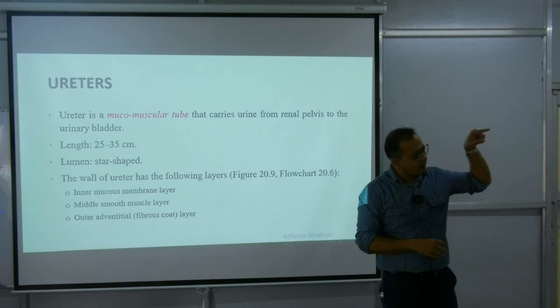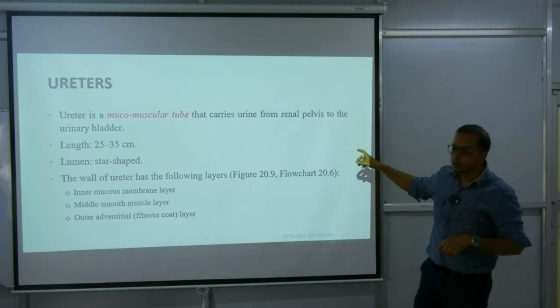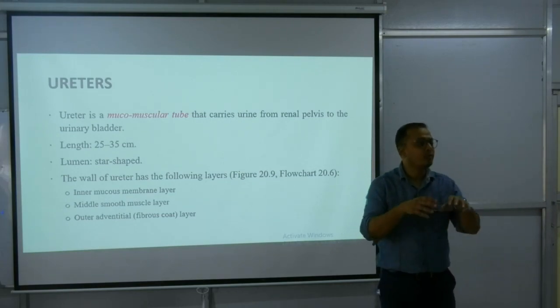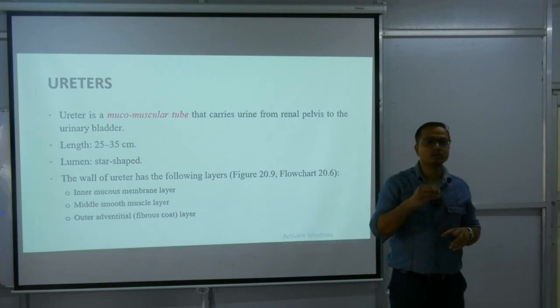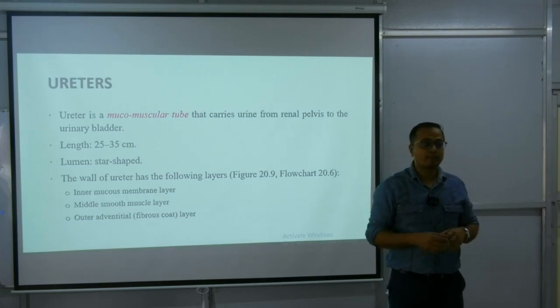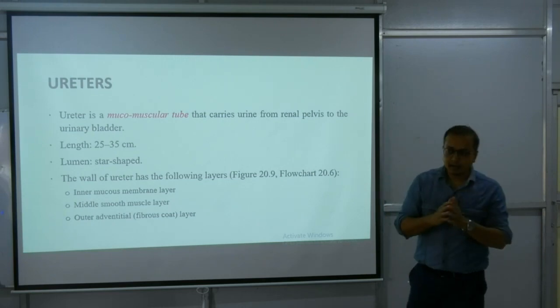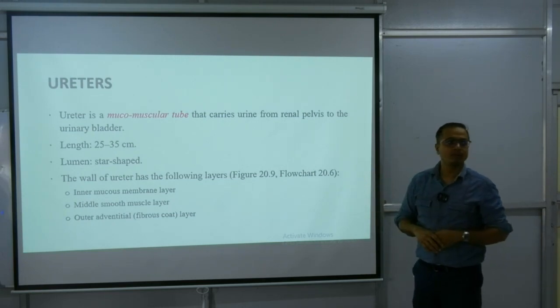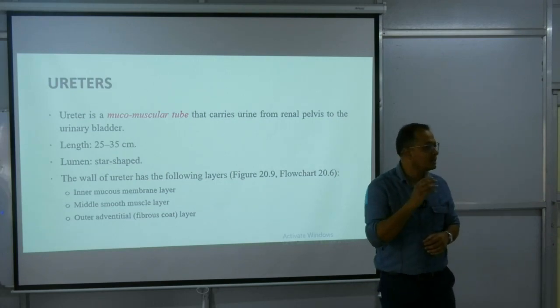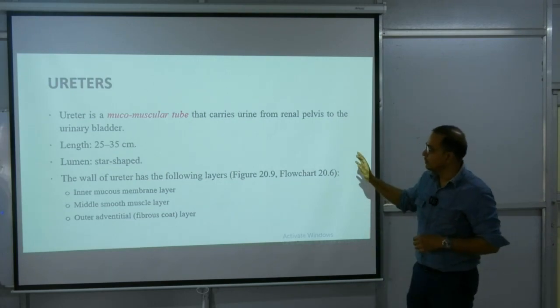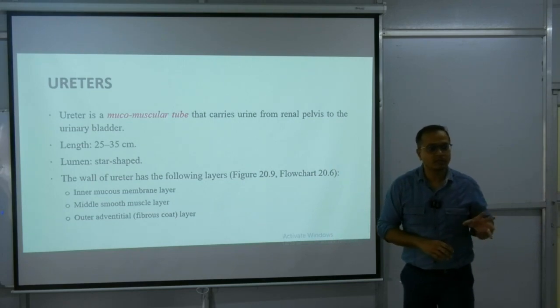So, starting from the minor calyx to the urinary bladder, and the outlet of the urinary bladder, which is known as the urethra, even some segment of the urethra is lined by this kind of epithelium, we call urothelium, which is only seen in this region. This urothelium is nothing but the transitional epithelium.